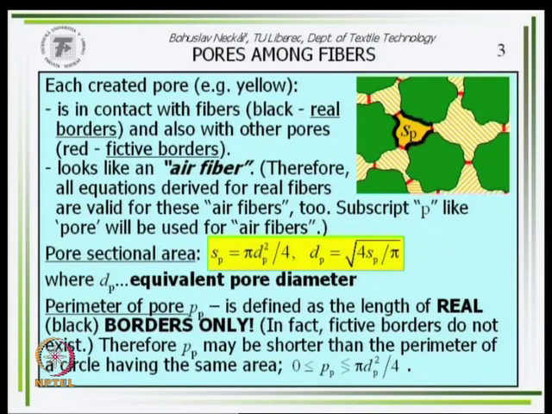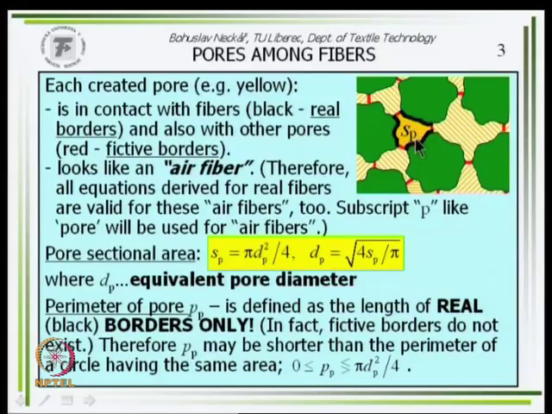For these equations which are valid for air tubes, the quantities related to our air tube will have subscript P, like pore, because this air fiber, this air tube, we call pore. For example, here is one pore.